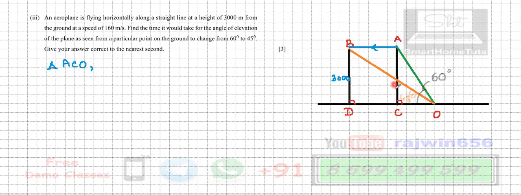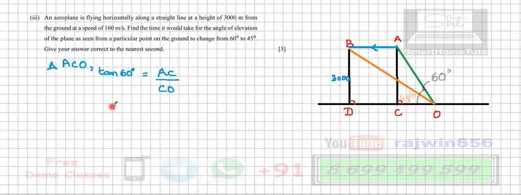We are already given AC, which is 3000 meters, the height of the aeroplane. We are supposed to get distance CO. So AC is the opposite side, CO is the adjacent side. So I'm going to use the ratio tan of 60 degrees. So tan 60 degrees is equal to the opposite side AC divided by the adjacent side CO.